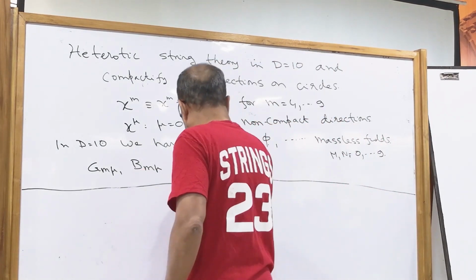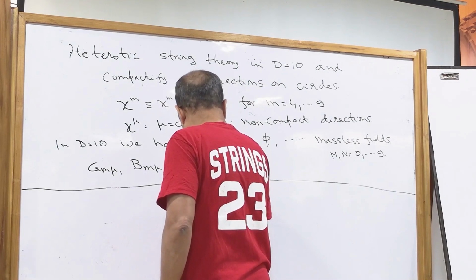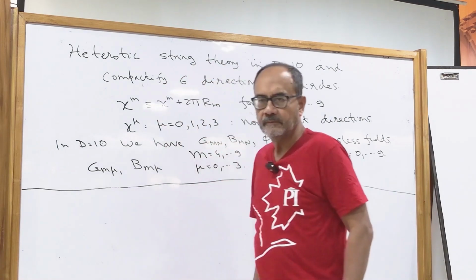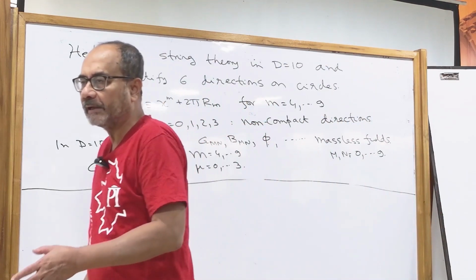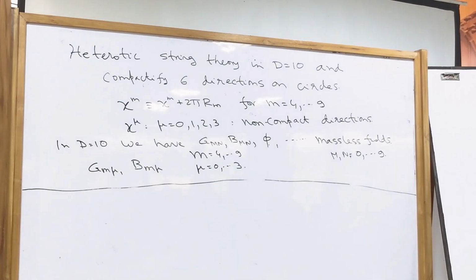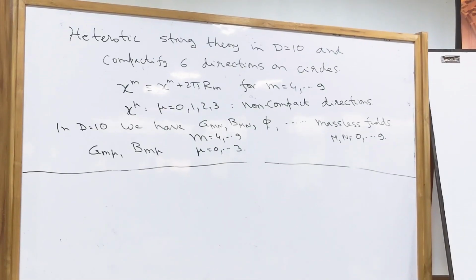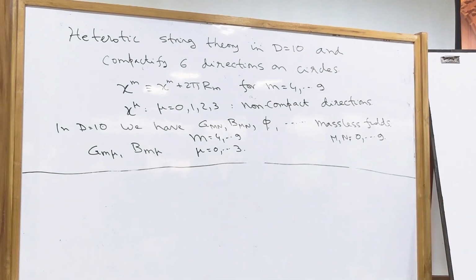And the mu index is a vector index. So in this theory, we can consider states that are charged under these vectors. We can consider black holes which carry charges under these vectors. And we will focus on a class of black holes that carries charge only under some of these vectors, not all of them. And it can carry both electric charge and magnetic charge under these vectors.